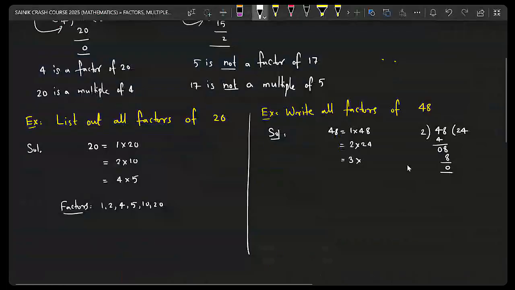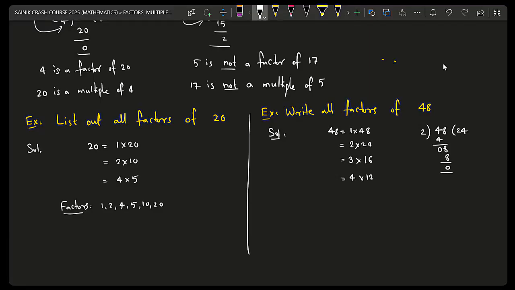Bhuvana, can you say the answer? Sir, 3 into 16. Yes, 3 into 16 is 48. Is it divisible by 4? Yes, sir. 4 multiplied by which number you get 48? Sir, 12. 4 into 12.